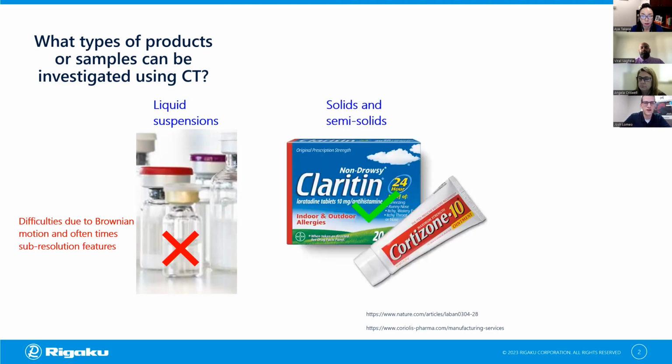Now, what can we analyze? Essentially any solid or semi-solid drug product or intermediate. A couple examples we have here are tablets and capsules like Claritin, allergy pill, or any type of semi-solid cream or lotion like a cortisone can be analyzed as well.